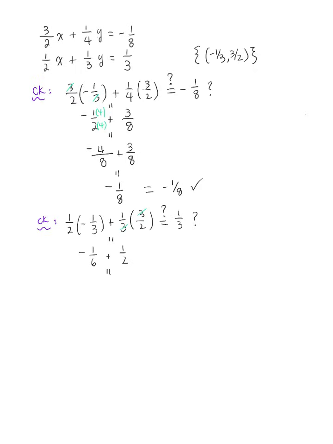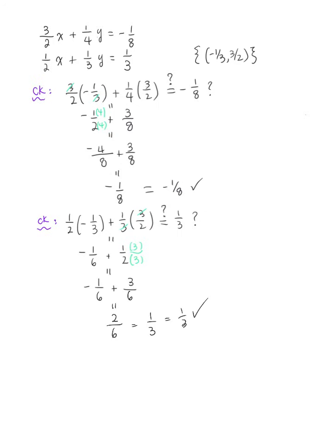All right, so now if I'm going to add this together, I need to multiply this fraction by 3 over 3. So then here you're going to have negative 1 over 6 plus 3 over 6. And then here you're going to have 2 over 6, which is 1/3. Does it match up? Yes, it does.